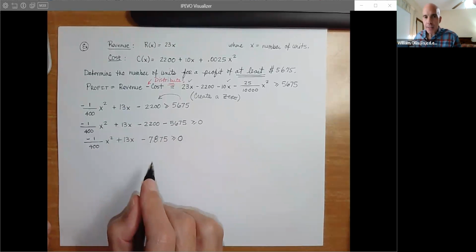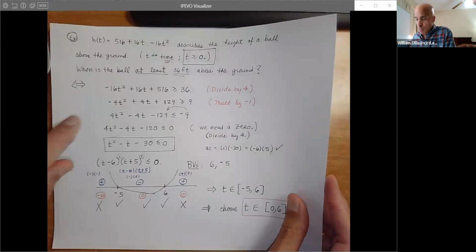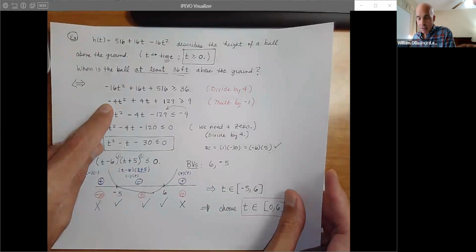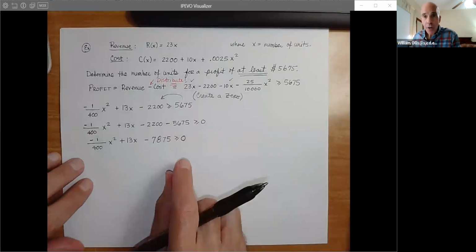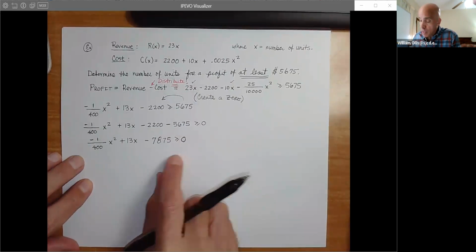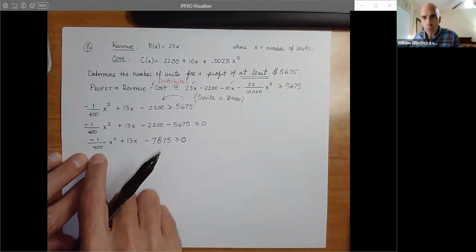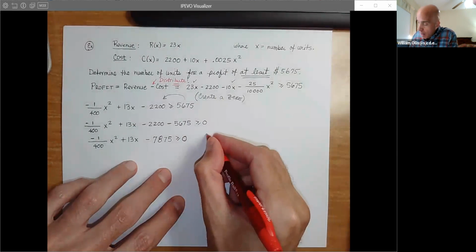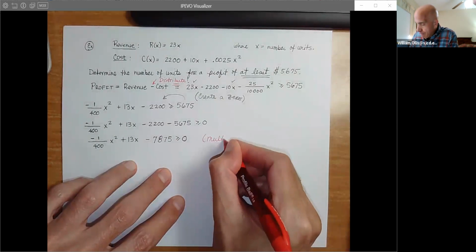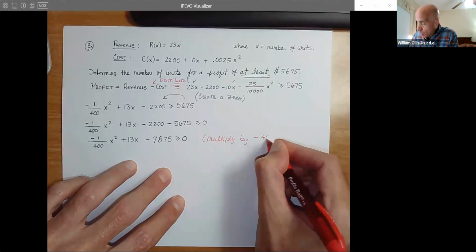But we already have our 0 here. So now the best thing at this point would be to retire that negative 1 over 400 and make it into a 1. So take your red pen and just say multiply by negative 400.